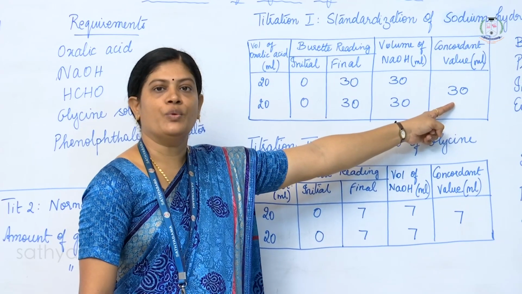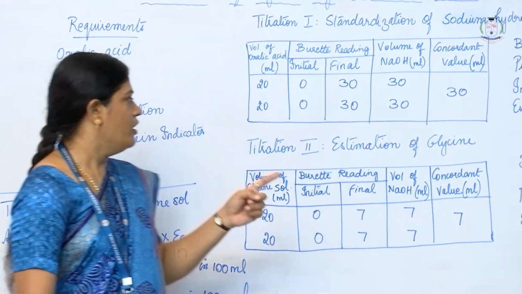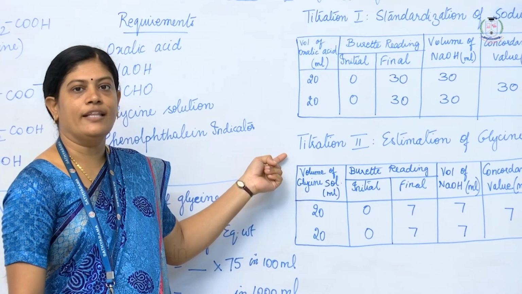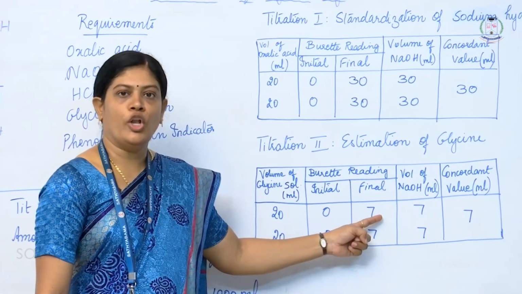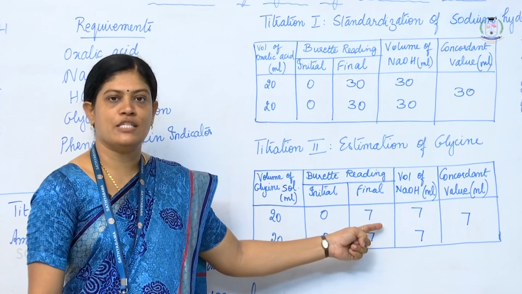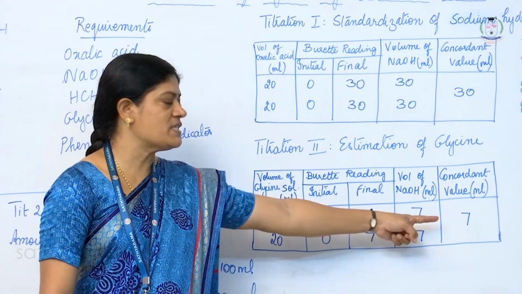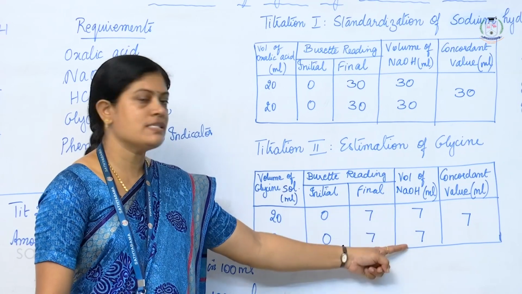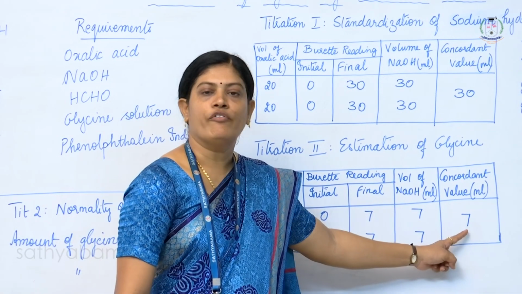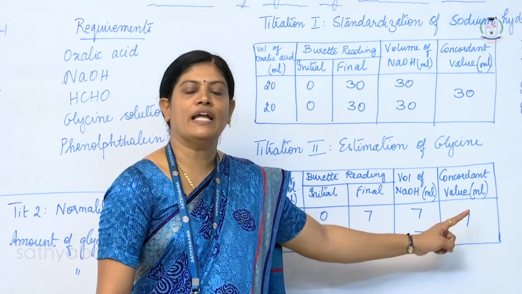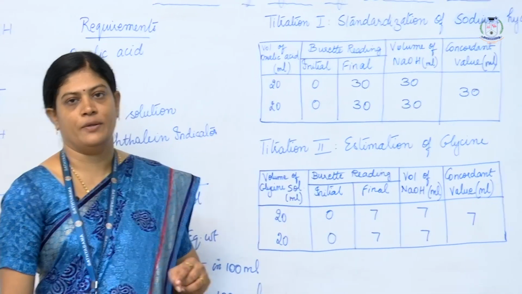For the second titration, in the estimation of glycine, the end point volume of sodium hydroxide consumed was 7 ml, and since it is the concordant value, we are going to use 7 ml for calculating the amount of glycine present in the solution.